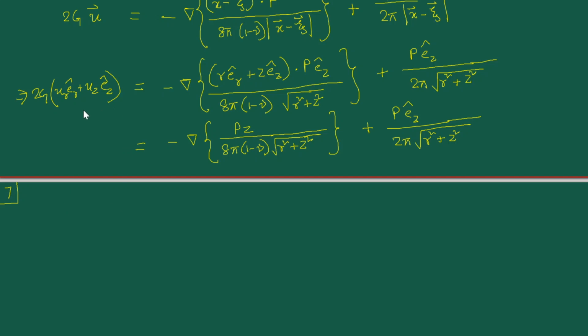We just have to equate the coefficients of the er hat and the ez hat. But before that, we have to note that this gradient is er hat del r plus ez hat del z, this entire thing operating on whatever was present inside the curly brackets.